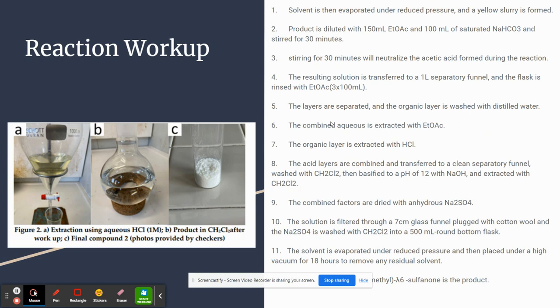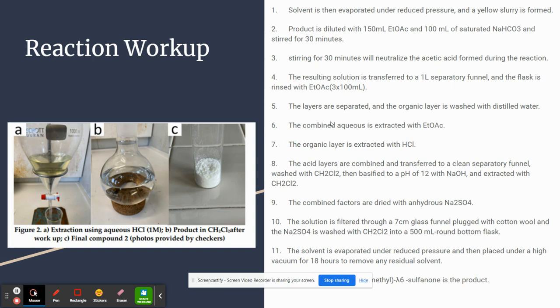The organic layer is extracted with HCl. The acidic layers are combined and transferred to a clean separatory funnel, washed with CH2Cl2, then basified to a pH of 12 with NaOH and extracted with CH2Cl2.